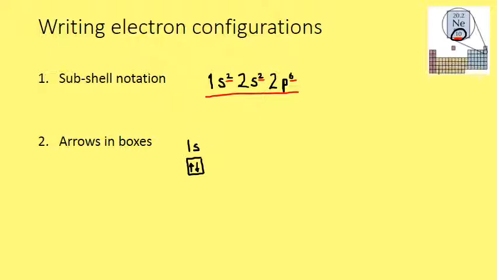They need to be of opposite spin, and we represent spin by the direction of the arrow. All right, so to represent the fact that we've got 2 electrons in the orbital, we have 2 arrows in the boxes, and we draw the arrows 1 up, 1 down to remind us that they are of opposite spin if they're in the same orbital.